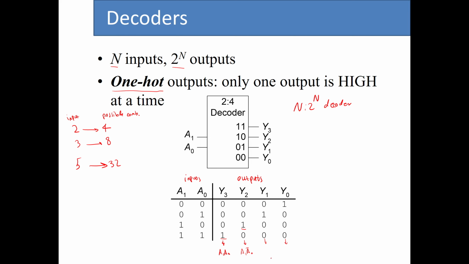What about Y1? Here is this row. We have A1 bar A0, and this one is A1 bar A0 bar. As you can see, these functions each represent one single minterm of these 2 inputs.